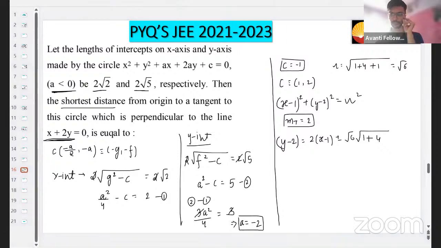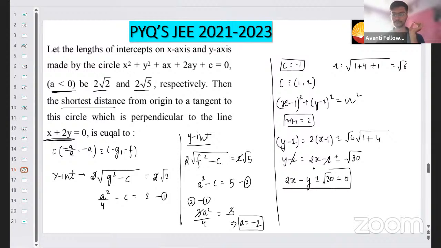So what should we do now? Okay, let us simplify it. So I'll get y minus 2 is equal to 2x minus 2 plus minus root 6 into 5, 6 into 5 is 30. This is root 30. So I'll get 2x, the minus 2 minus 2 will get cancelled. Minus y plus minus root 30 is equal to 0.